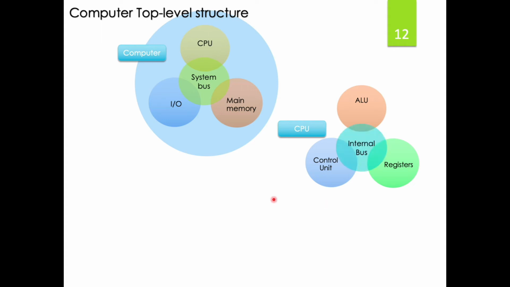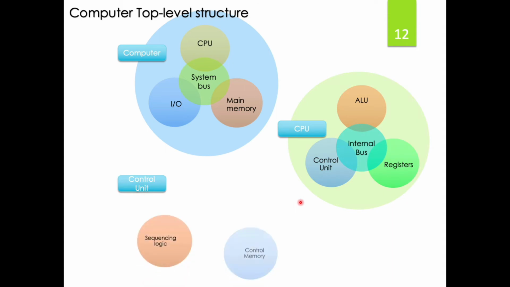And if you have a look deep inside the control unit, you can see that it consists of the sequencing logic and the control memory modules. And these two modules work through the control unit registers and decoders.